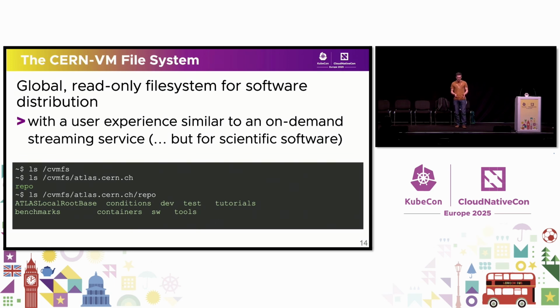On your computer you have this global directory /cvmfs, and whenever you access or open files in this directory, what actually happens behind the scenes is that they get downloaded and cached from a remote server that offers them. Basically, someone publishes the catalog of available software, and then it's available to you on demand.